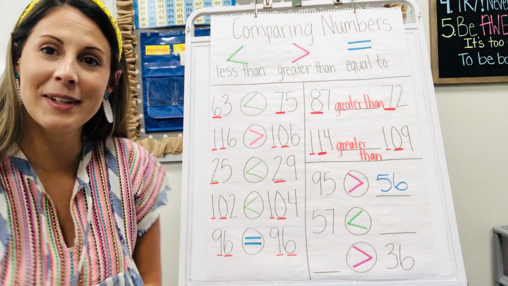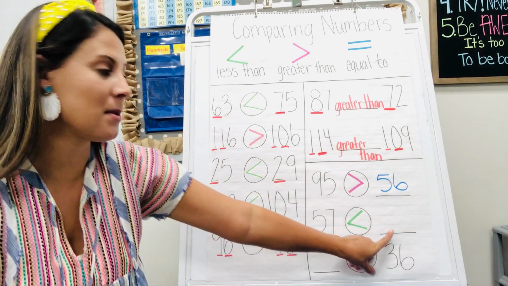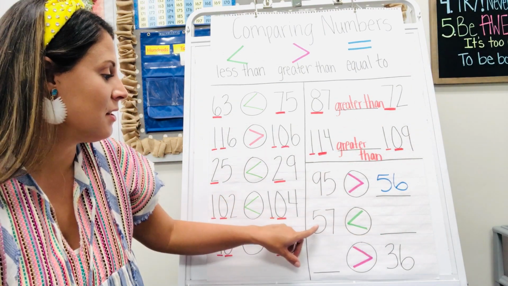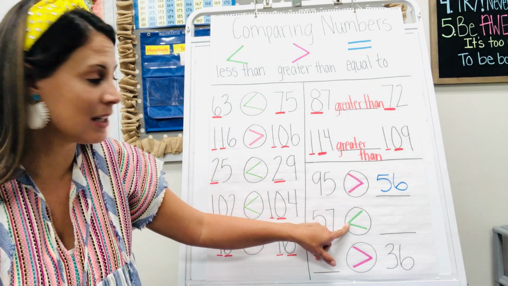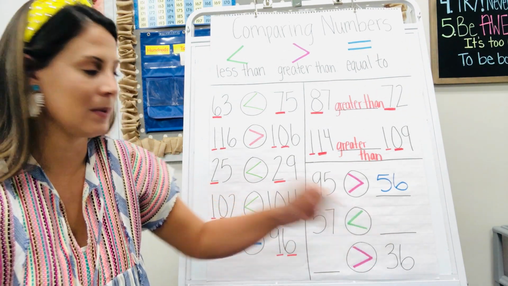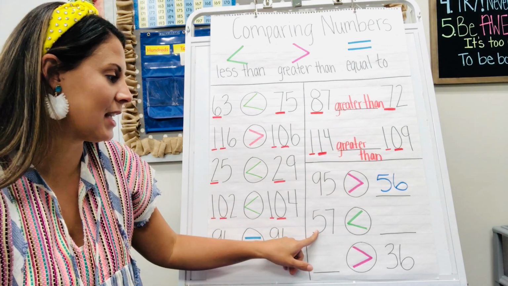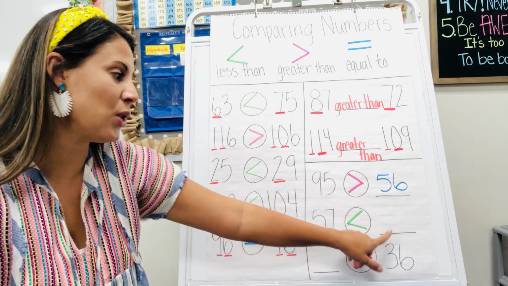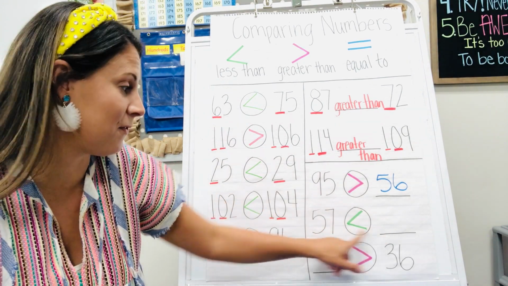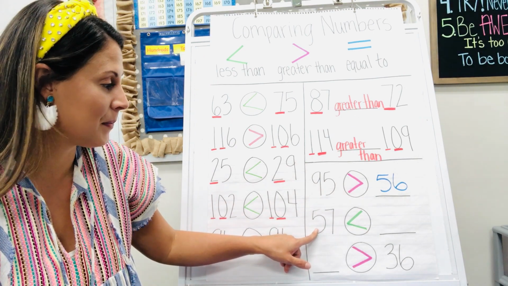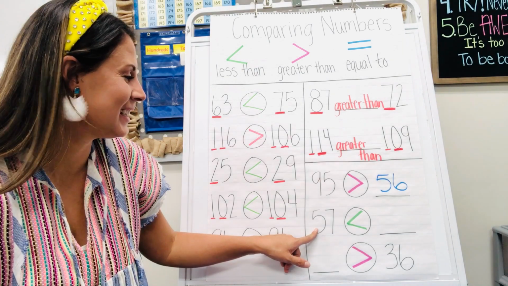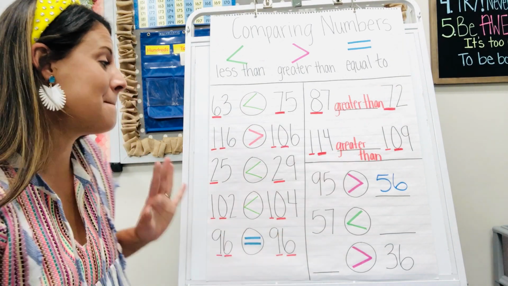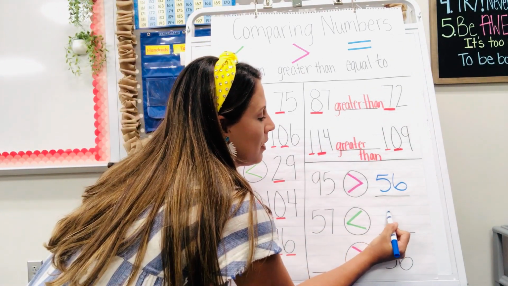All right, here's your next one. Think of a number that's going to fit this blank. 57 is less than what number? So if 57 is the lesser number, can you think of a number that's greater than 57? What is it? Good job. My number was 81.